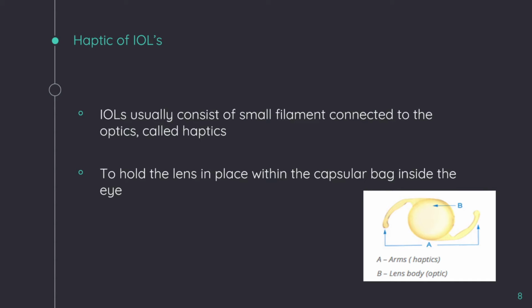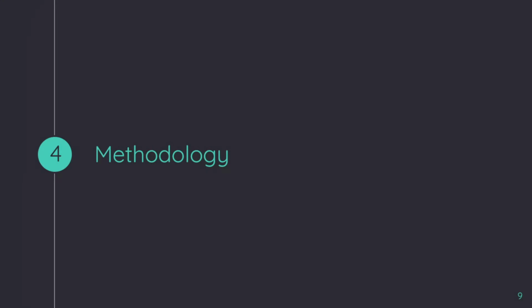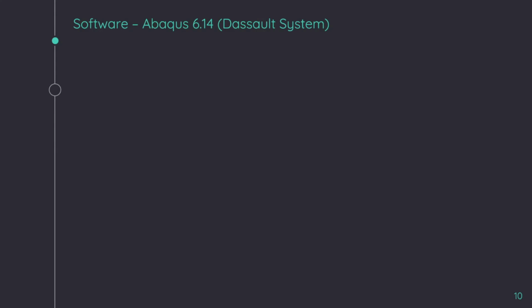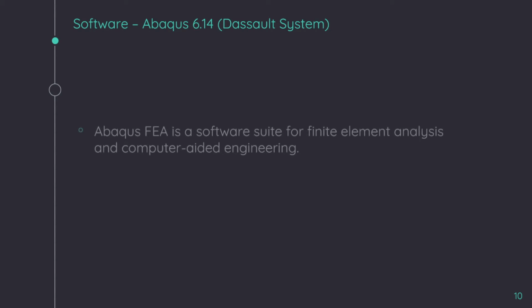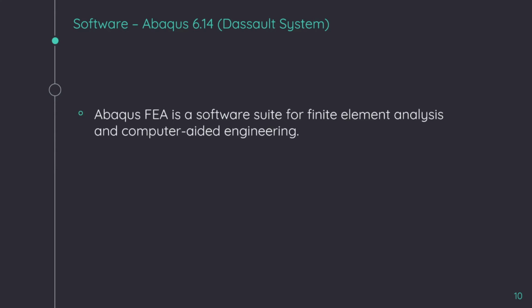To study the effect of the haptic design on the biomechanical stability, 16 geometrical variations were created according to the methodology of design of experiment. We use finite element analysis by Abaqus software, which is Abaqus 6.14, to evaluate the biomechanical stability of the IOL with different haptic designs, following the procedure described in ISO 11979-3.